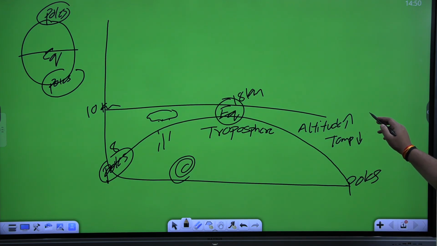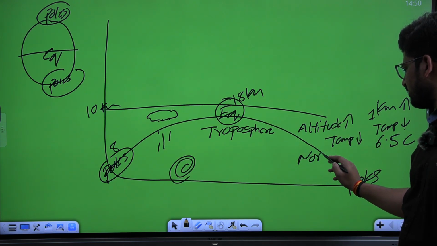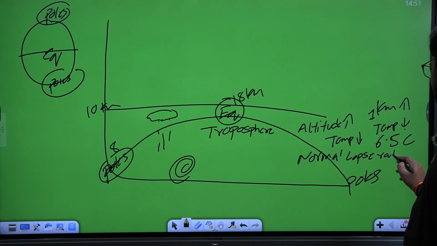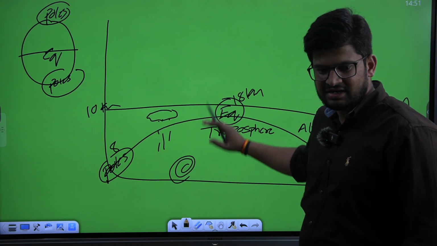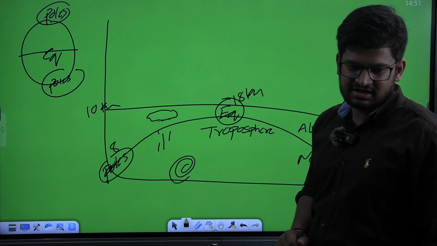For every 1 kilometer of increasing altitude, temperature decreases by 6 degrees Celsius. This is called as, what is it called as? Normal lapse rate. Normal lapse rate. In troposphere, what happens? As you move to the higher altitudes from the Earth's surface, temperature decreases. Why does temperature decrease?